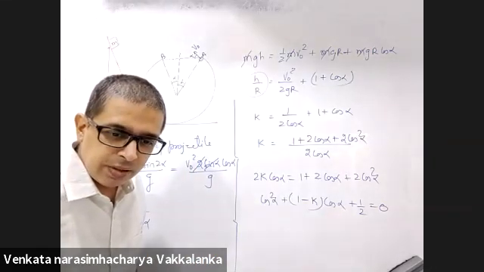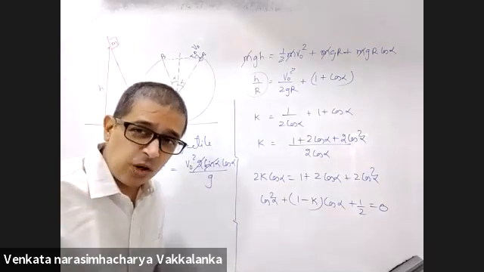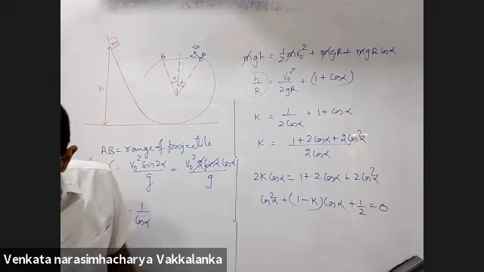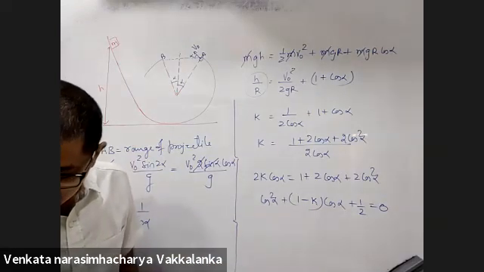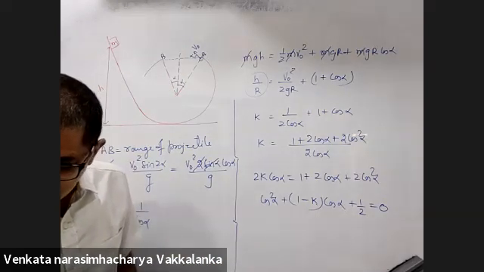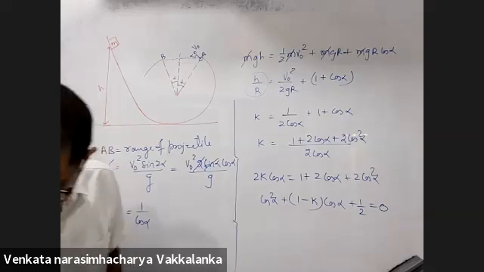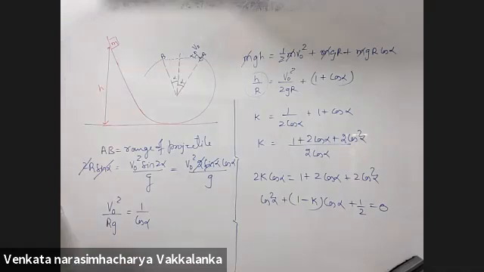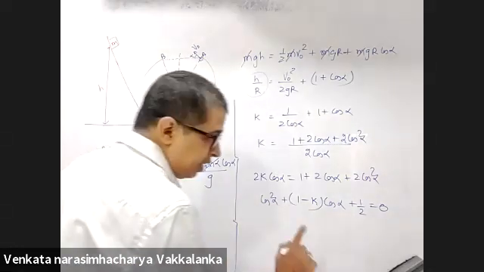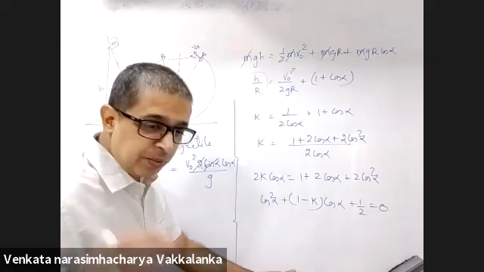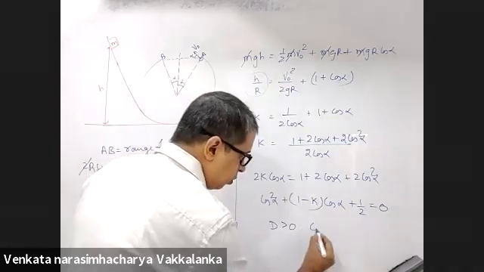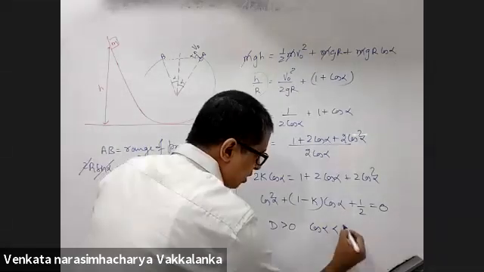If it has real roots, the discriminant should be greater than or equal to 0. I'll apply two conditions. I'm running short of space, so I'll give you both the hints. Discriminant should be greater than 0 and cos alpha should be less than 1.